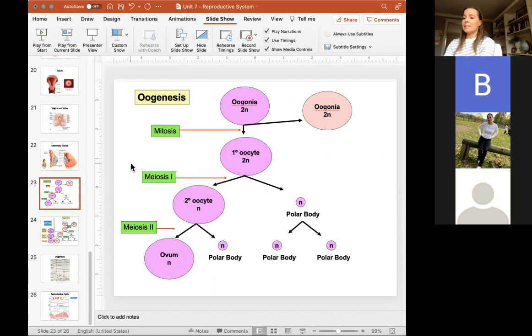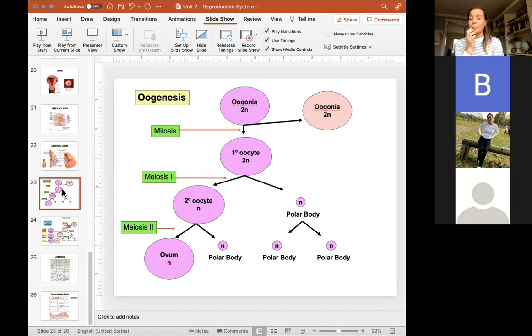So oogenesis, this is on, I think, page 12 of your outline, 11 or 12. And if you're looking in your outline at all, you'll see physiology of the female reproductive system in bold letters. And then right underneath of it is oogenesis.